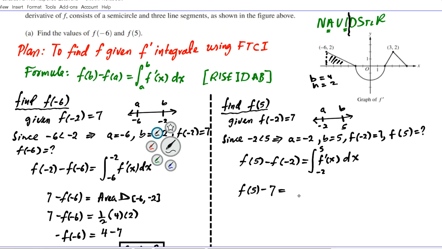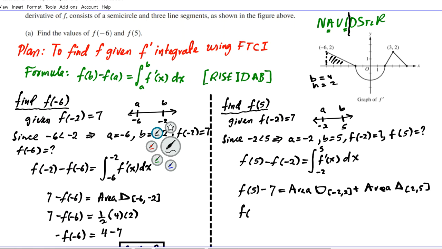So to do this, we're going to be looking at the area of the semicircle from -2 all the way to 2, and we're going to add it to the area of the triangle from 2 to 5. That will give us what this integral value is.